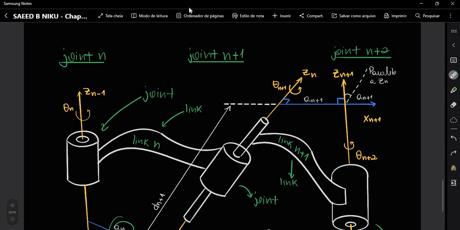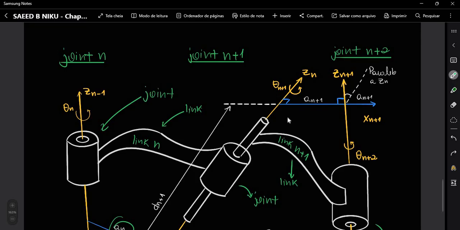The difference is that to assign this reference frame, we use this central joint and name the reference frame Zn.